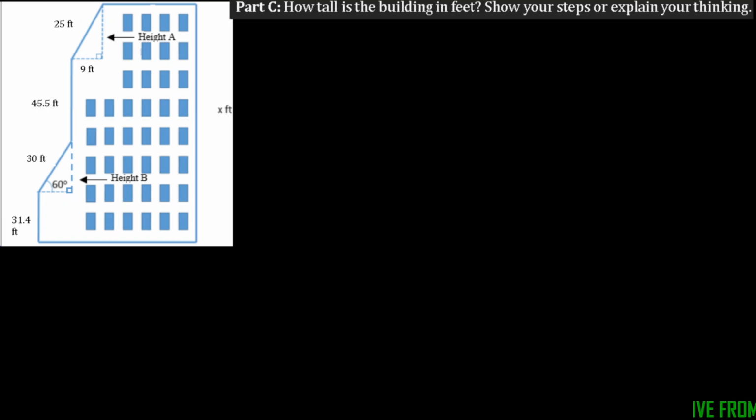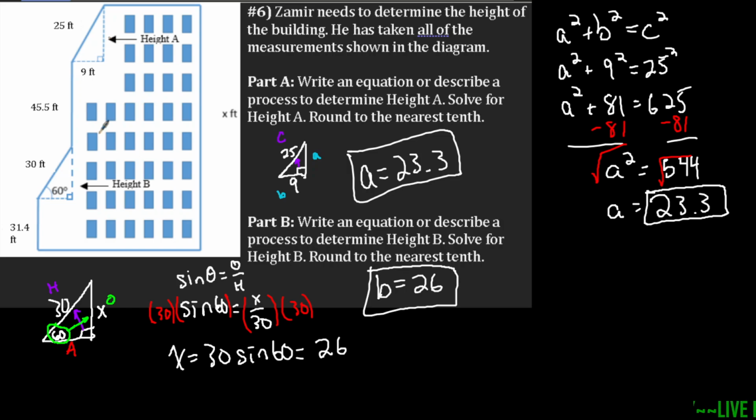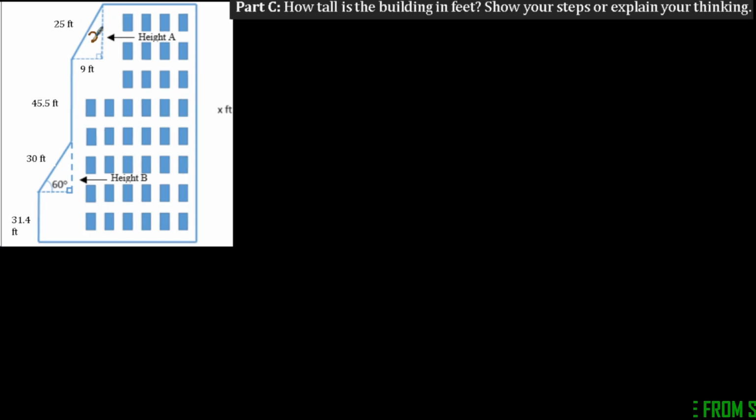So let me label some sides here. We said height A was, what was that one more time? We said height A was 23.3, so I can say this is 23.3, it's right here. And we said height B, excuse me, is 26.